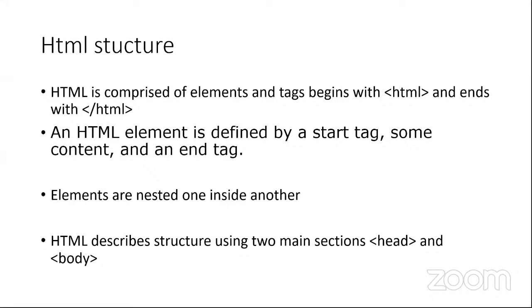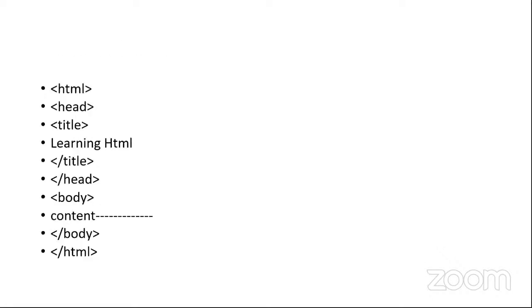So the head tag and body tag are the two main tags we use to describe the structure of an HTML web page or HTML file. Here are a few basic tags.